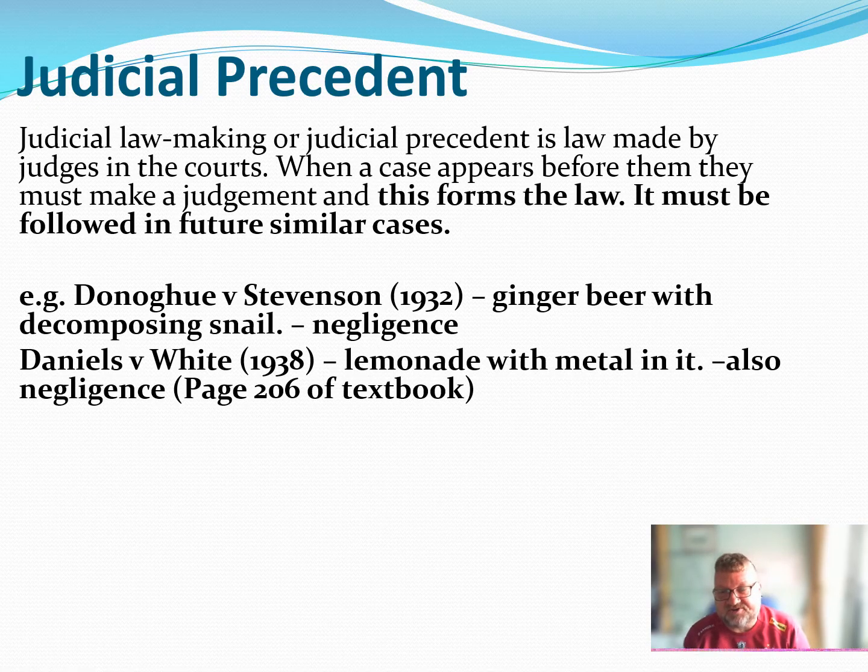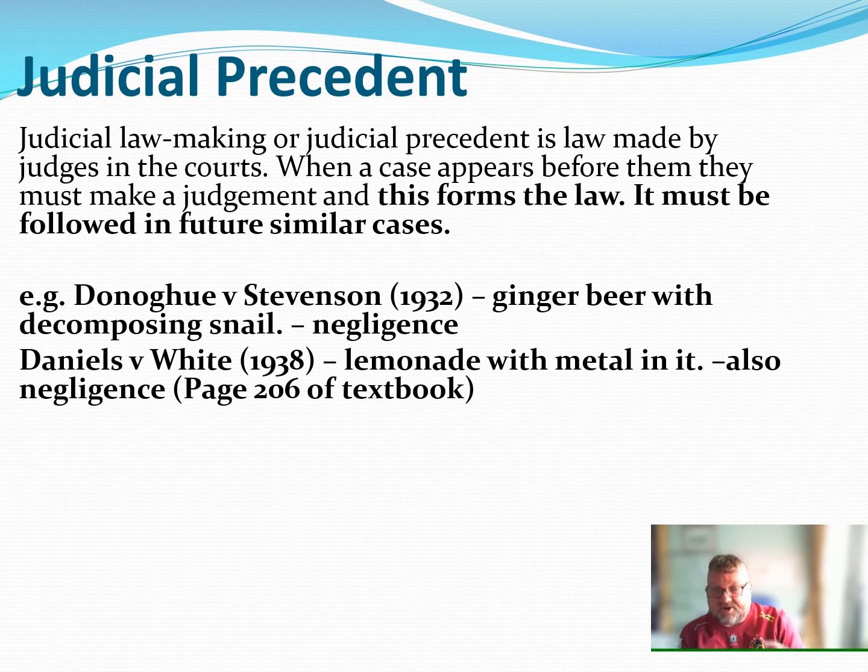So he took the company Stevenson to court, and the judge ruled that yes, Stevenson had been negligent, and it was quite right that a customer should not expect to find a decomposing snail in their bottle of ginger beer. So they were found guilty of negligence and fined whatever. I don't know what the actual sentence was.